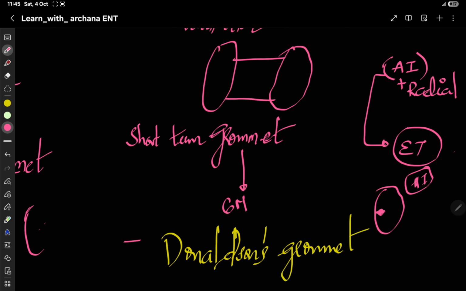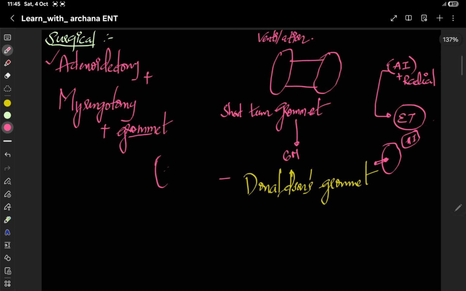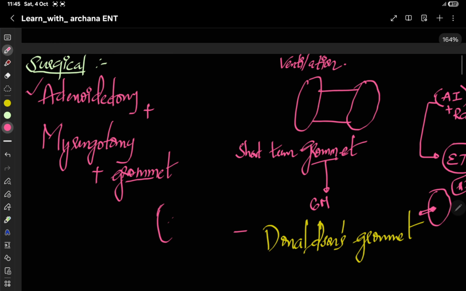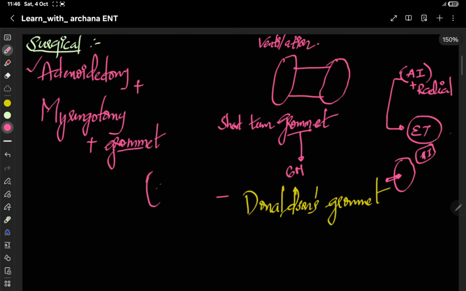Okay, this provides ventilation and helps in the elimination of the fluid and all. If we don't provide the grommet, what will happen? If we only do myringotomy or adenoidectomy, what will happen? The eustachian tube itself is blocked. So there will not be any ventilation.